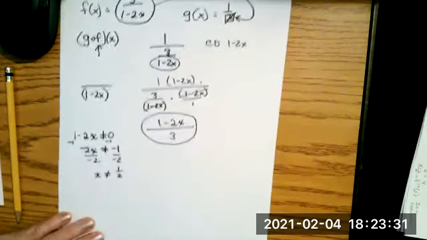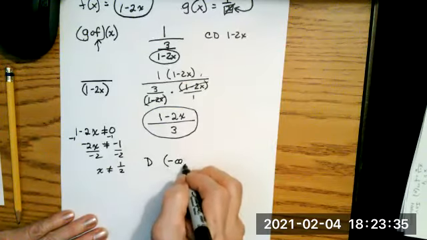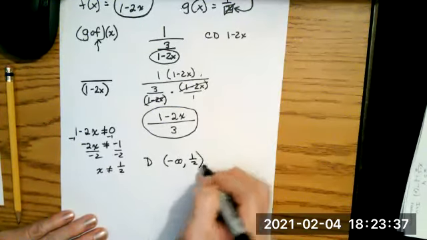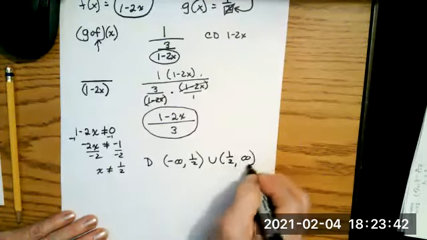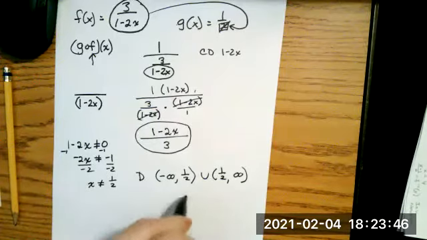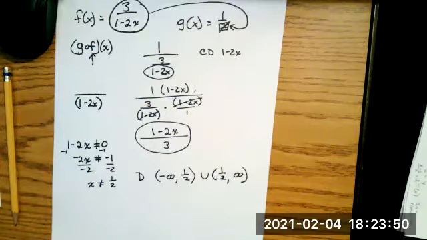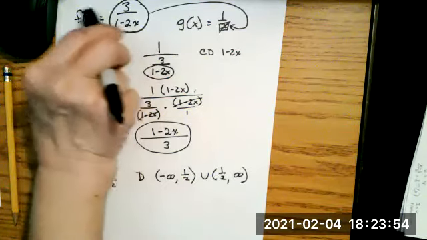It can't be 1/2. So the domain's going to go from negative infinity to 1/2, union 1/2 to positive infinity. Skipping the 1/2, but it's not like the other one that had 2 places to skip. This one just has 1 place to skip, and it's not from the answer, it's from the hidden function.